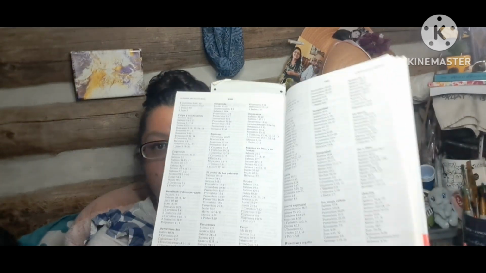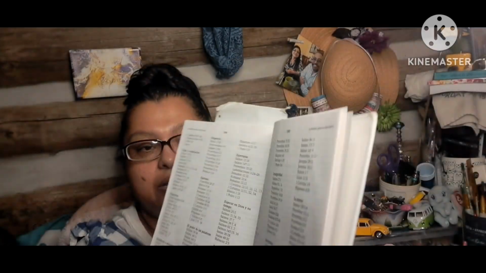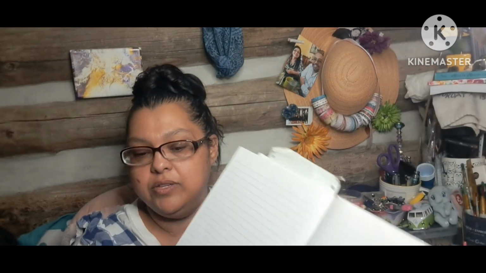I can read it, I can write it, and understand it perfectly for the most part. I just don't speak it very well. That's why I got these. It does have scripture, a glossary, a concordance type of thing, and then some pages for notes.